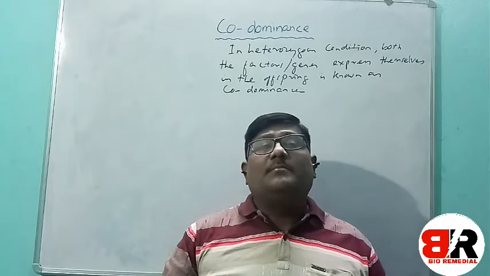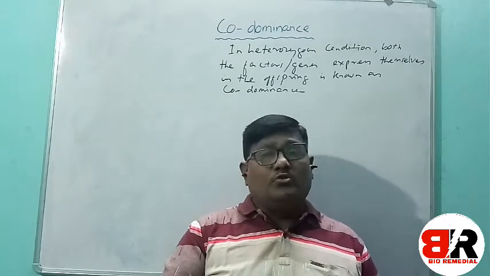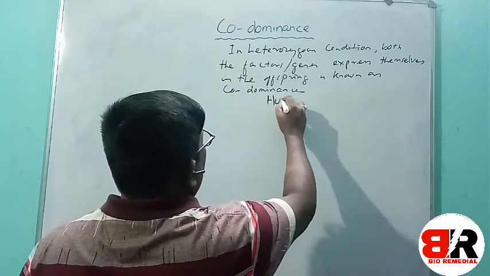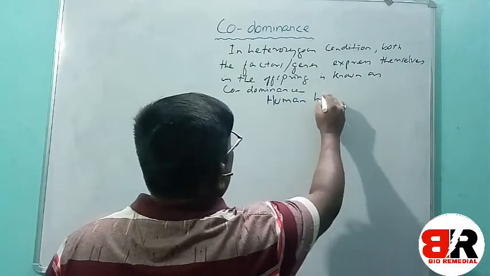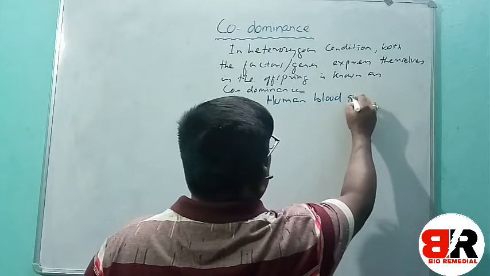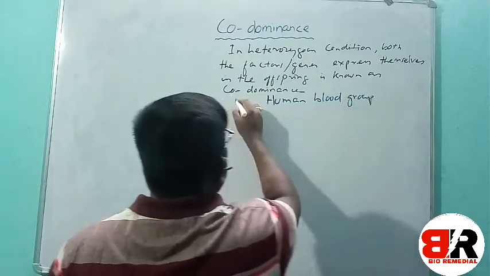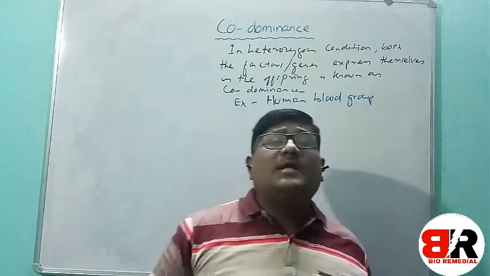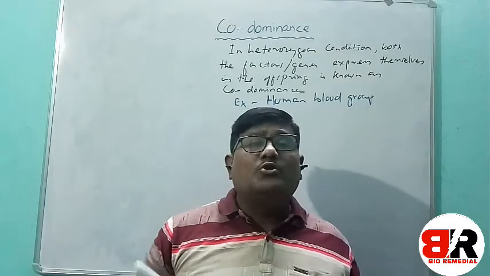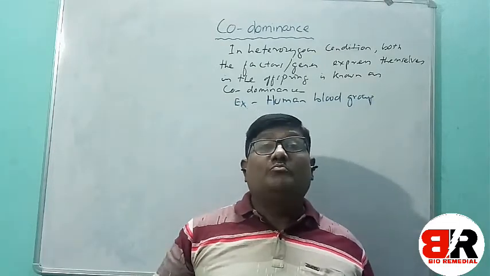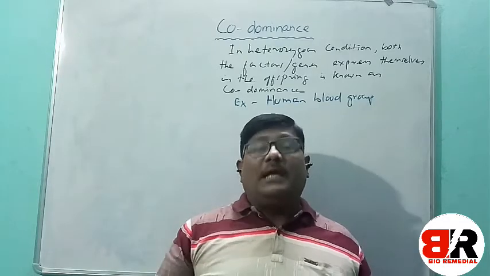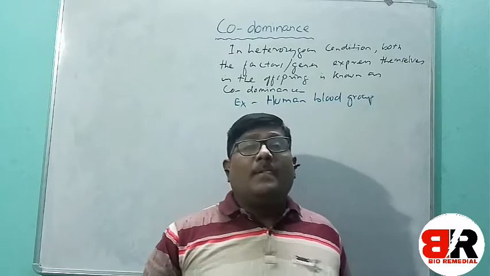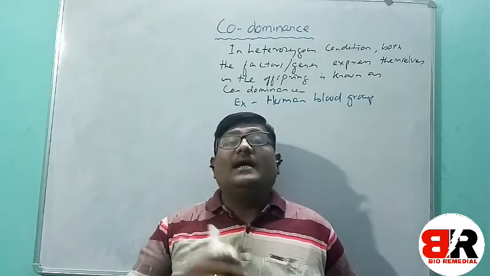I would give a very good example of human blood group. Students, let us take the example of human blood group. In human blood group, we know we have four different types of blood group: blood group A, blood group B, blood group O, and blood group AB. These four different types of phenotypic blood group are controlled by three alleles.